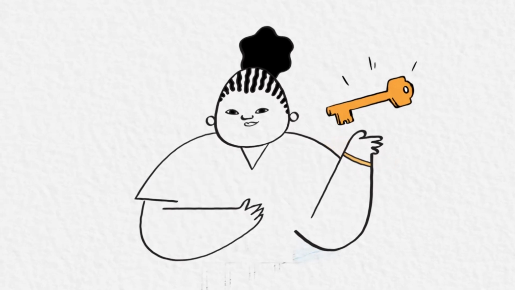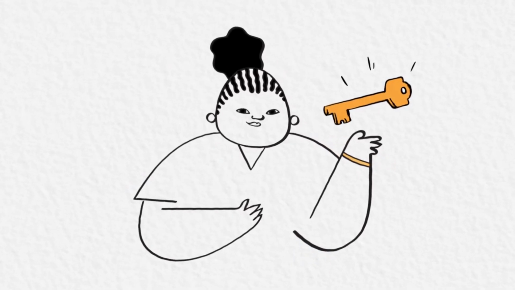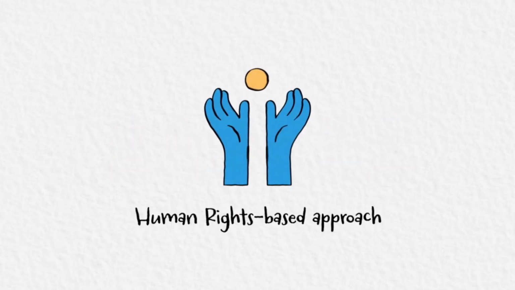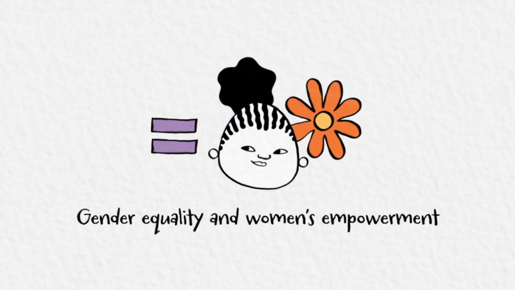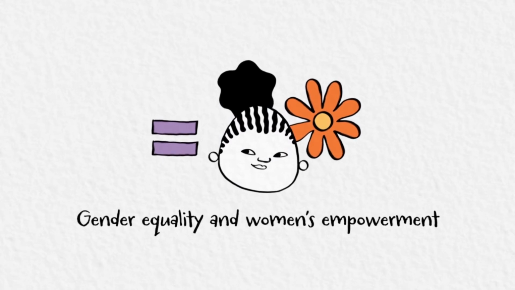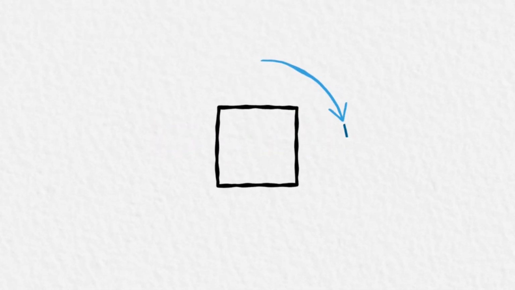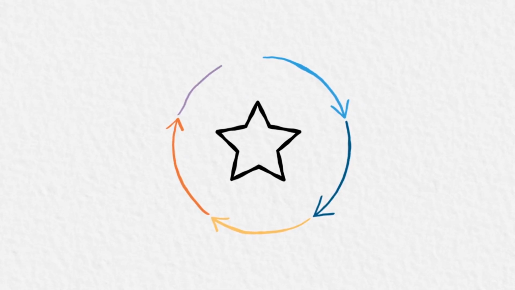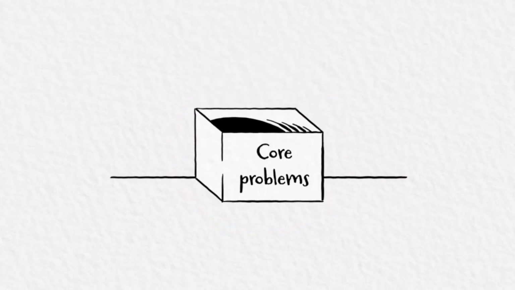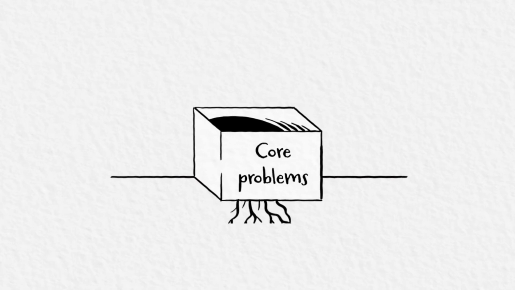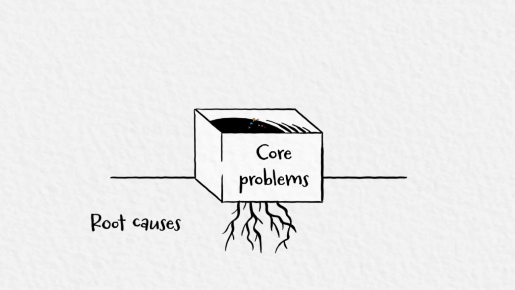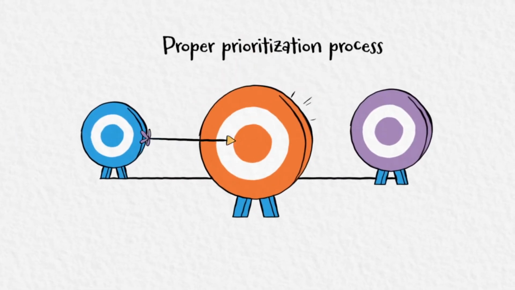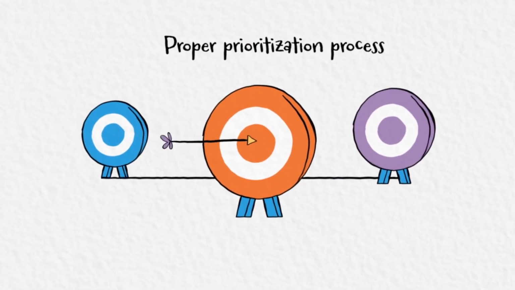The program must be guided by key programming principles such as leaving no one behind, the human rights-based approach, gender equality, and women's empowerment. The program must also be developed through a robust theory of change process, applying the critical steps of unpacking the core problems and identifying root causes, exploring innovative solutions, and conducting a proper prioritization process involving all the stakeholders.